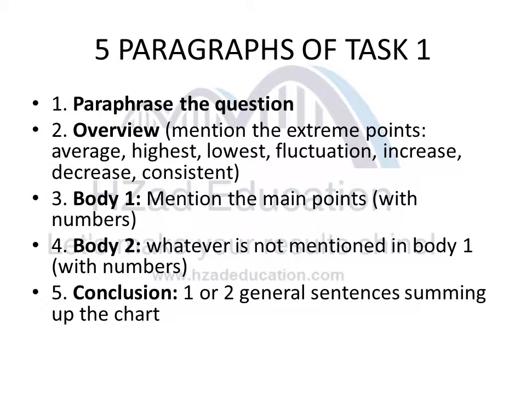That would be my overview. But if I say generally that there are many wars happening, that would be a conclusion. It's a more general tone. So it's just a difference of tone between the overview, second paragraph, and the conclusion, last paragraph.